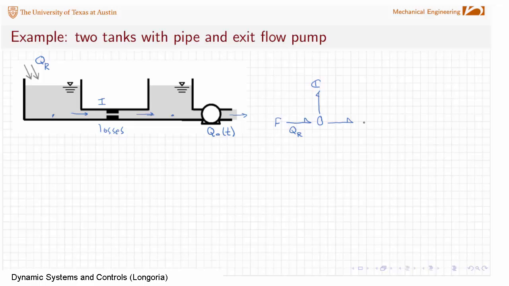So what do we need? We need a 1 junction, and we need to represent the kinetic energy storage and some loss effect here, right? And so the flow that's coming into here and then leaving is the same, so it's a 1 junction.